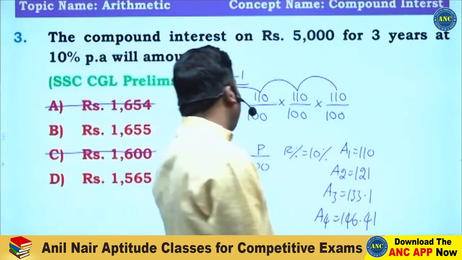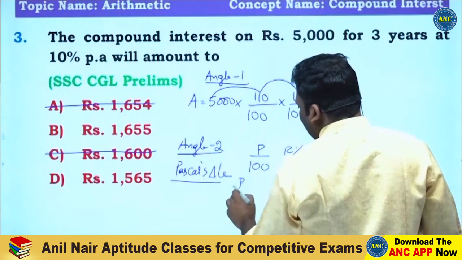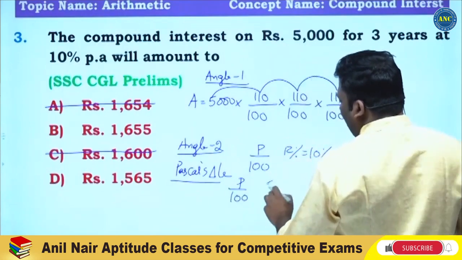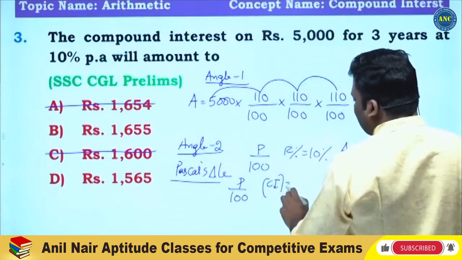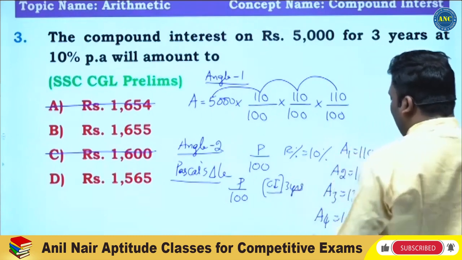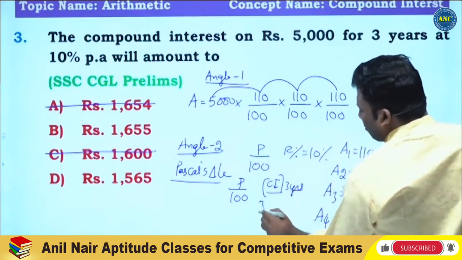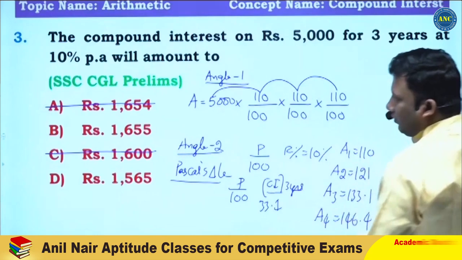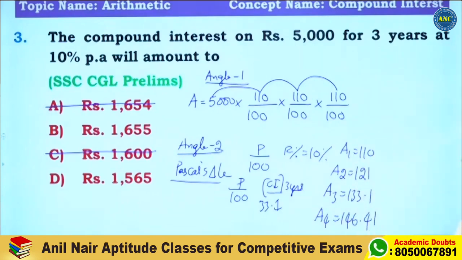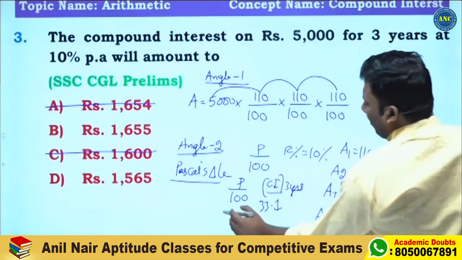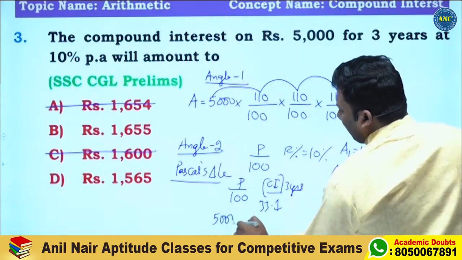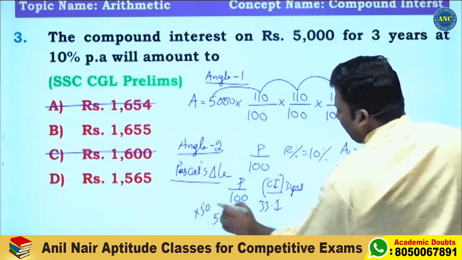That means for 3 years, if P is 100, the amount is 133.1, so the compound interest is 33.1. But I require 5,000, so 5,000 is 50 times 100.